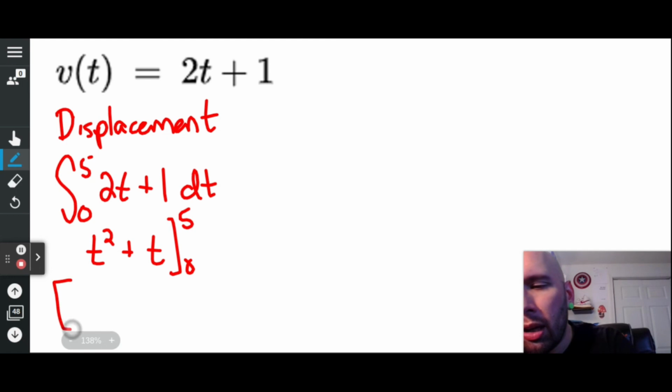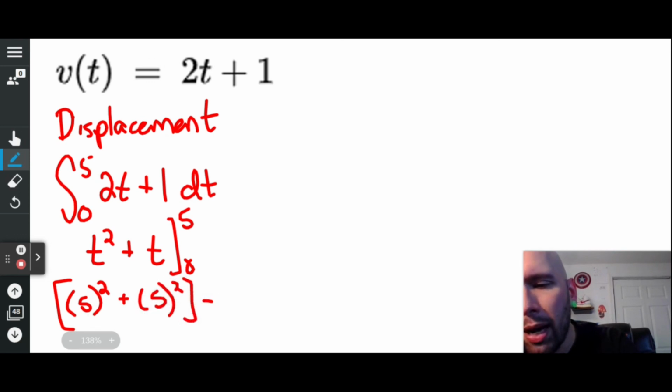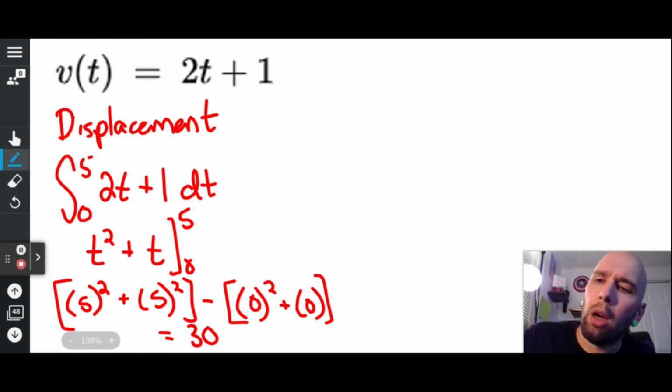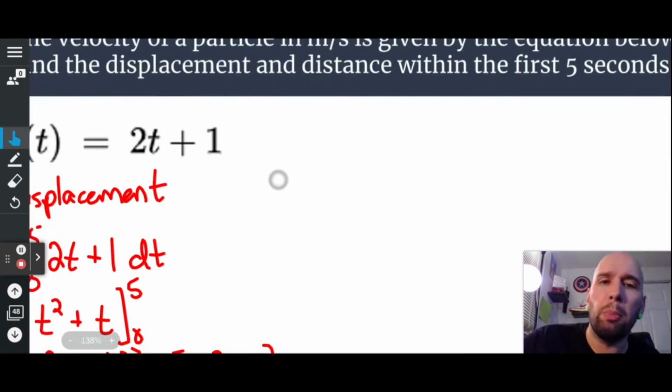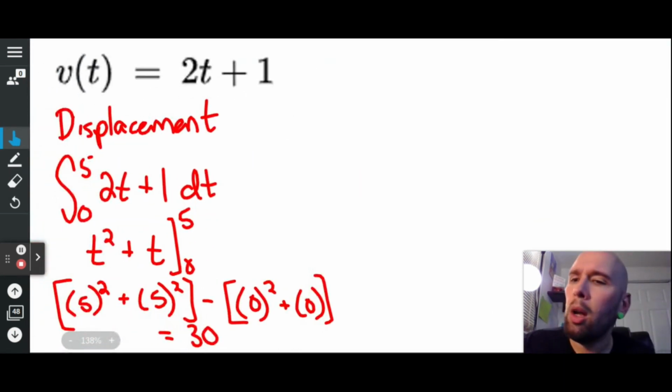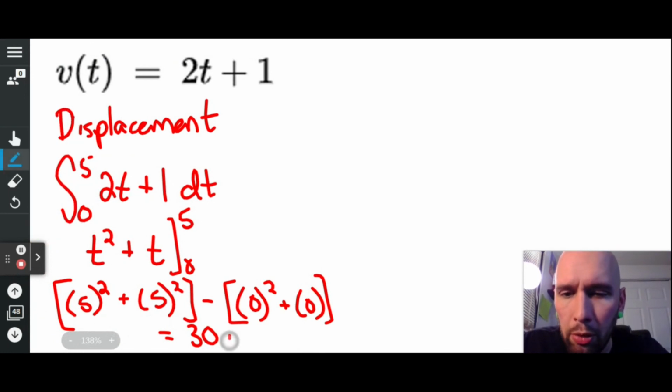I'm going to end up with 5 squared plus 5, 30, minus 0 squared plus 0, 0. And that's going to end up being 30 minus 0, which is 30. Meters per second, the first 5 seconds. So the displacement is 30 meters.